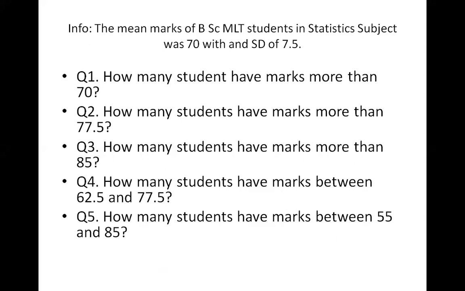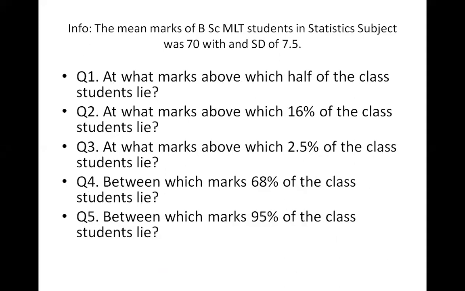The other way, the examiner may ask you by giving the percentage: at what marks, above which half of the class students lie. So the answer is 70, because at the marks of 70, half of the students are more than 70 and half are below 70.